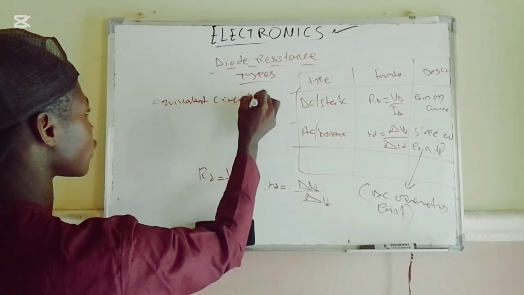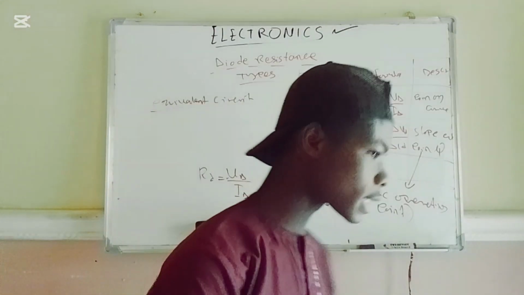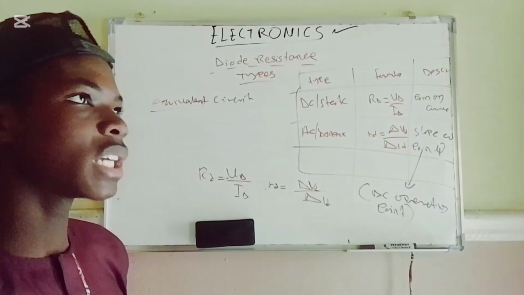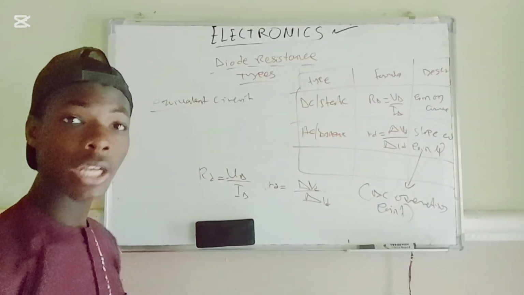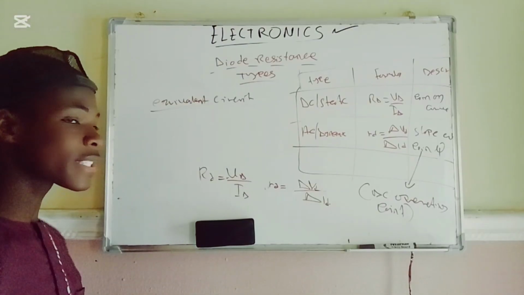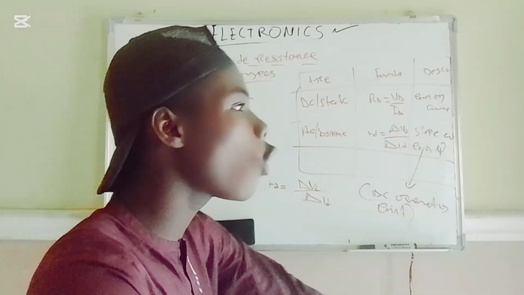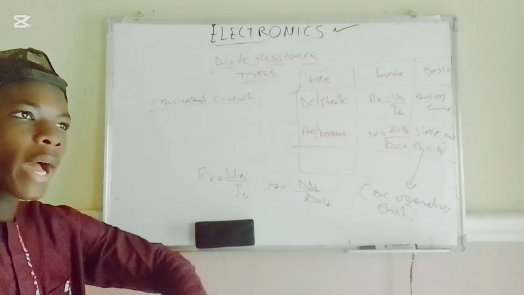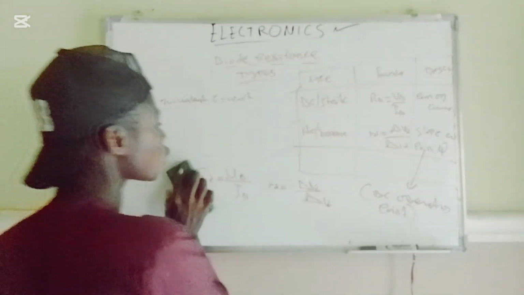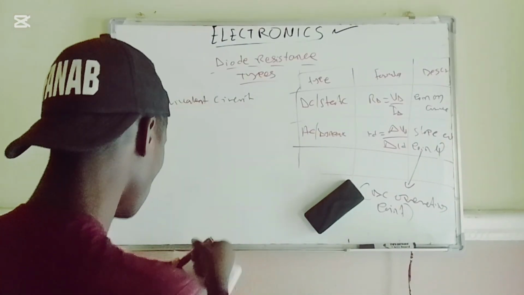So therefore there is what we call the equivalent circuit. What is an equivalent circuit? As we all know, let's say we have equivalent resistors. So this is called the equivalent circuit. It means the equivalent of the whole circuit, the piecewise, the knee and the rest. So let's see what formulas we can get.